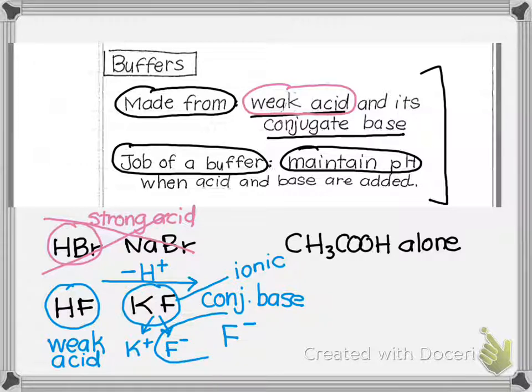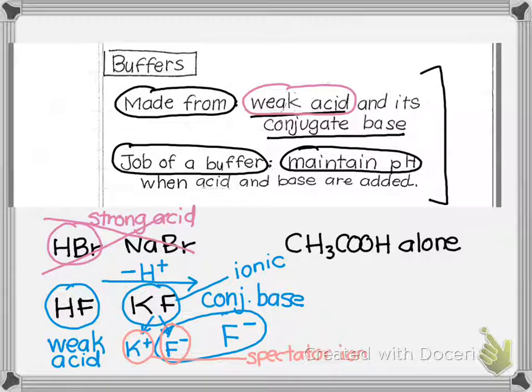So look here. KF does have our conjugate base. The K+ is what we call a spectator ion. It will not be involved in the functioning of the buffer, but it's required to be there because I can't purchase F- by itself.